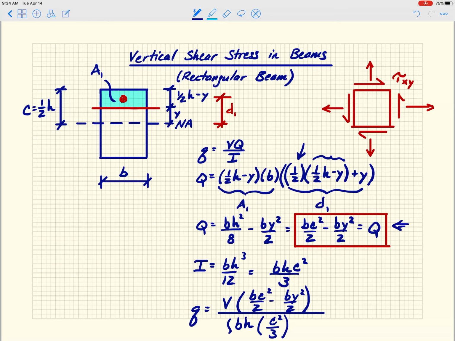And this BH is just the total area of the cross-section, right? So that's B times H or B times 2C. So that's the total area. And if I try to simplify this now, I'm going to get that Q equals 3 times V over 2A times B minus BY squared over C squared.